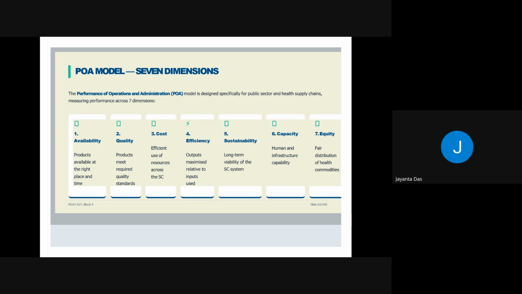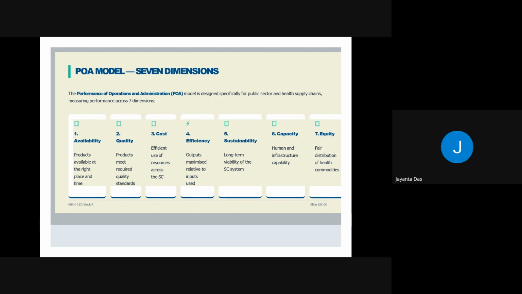Then the POA model has 7 dimensions: availability, quality, cost, efficiency, sustainability, capacity, and equity. In availability, as it says, the product is available at the right time, at the right place, in the right quantity, and all those rights. Quality, that the product meets the required quality standards.